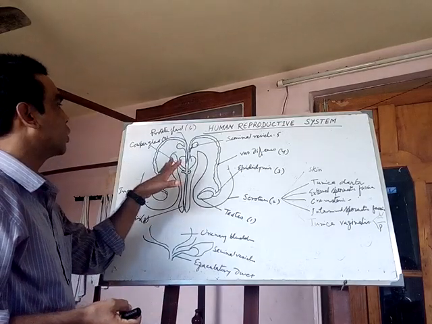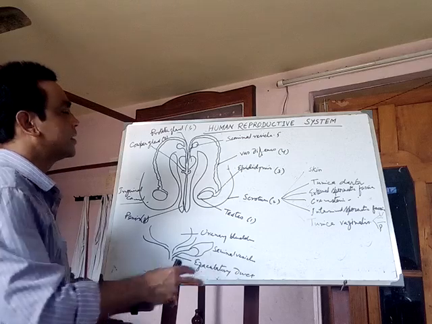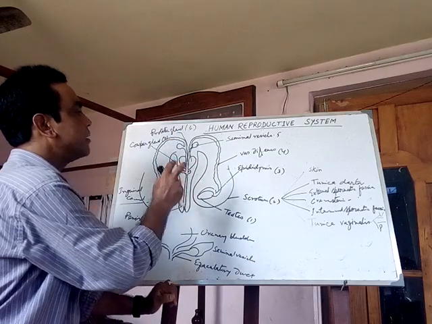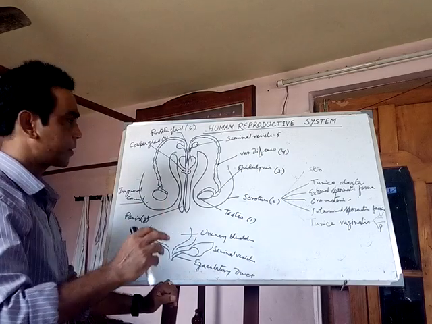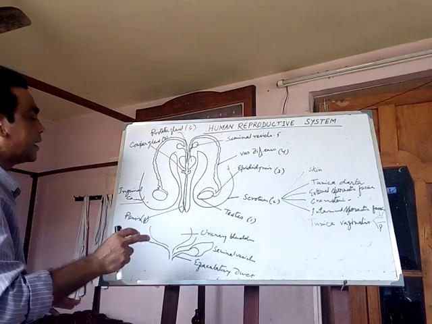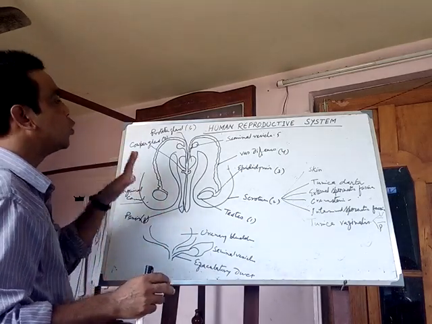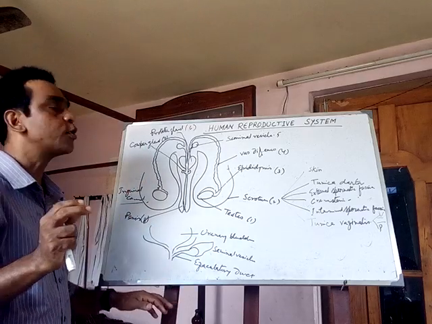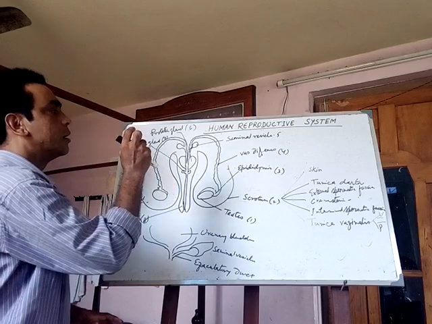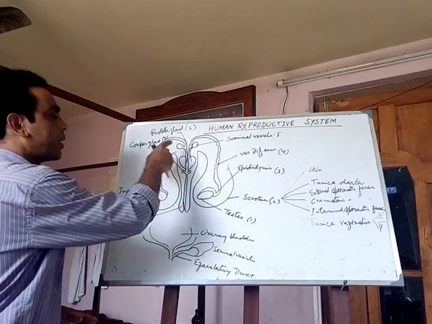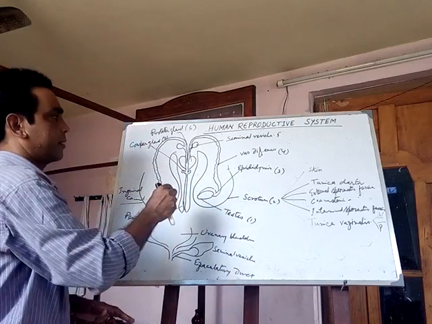So I repeat, in the total male sexual part of human beings, we retain two types of glands, extraordinary glands present in our male sexual organ, that is Cowper glands and the prostate gland.